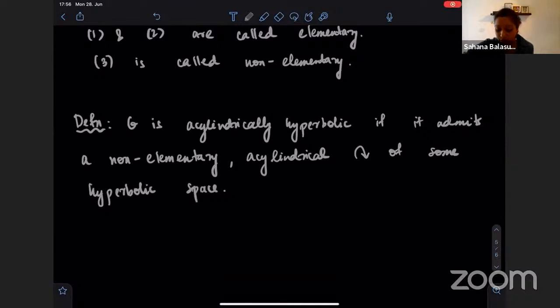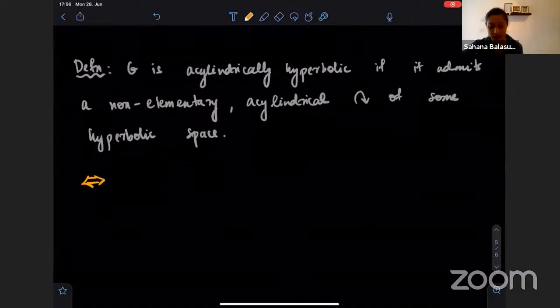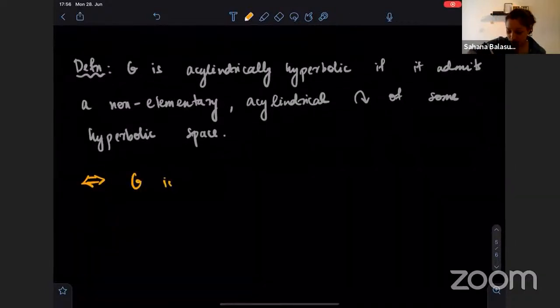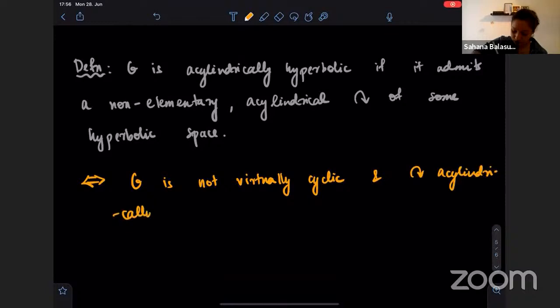And because of the theorem that we've just seen, there is another way to think of this. This is equivalent to asking that G is not virtually cyclic and acts acylindrically on a hyperbolic space with unbounded orbits.